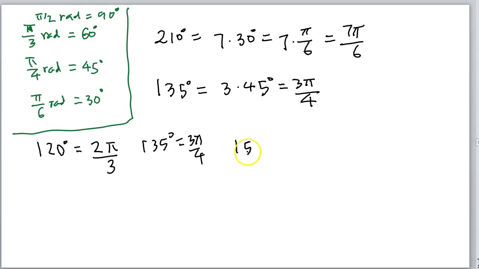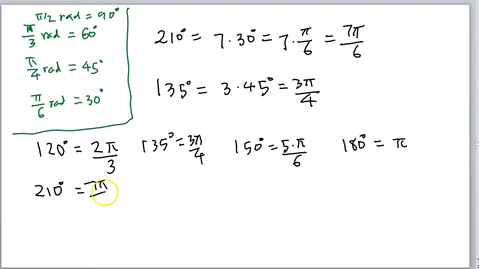The next one is 150 degrees, which is 5 times 30 degrees, and 30 degrees is 180 divided by 6. Okay. And then the next is 180 degrees. I told you to memorize this. This is pi radians, the most important one. 210 degrees, we did that over there. It's 7 pi over 6. 225 degrees, that's 5 times pi over 4. 240 degrees, that's 4 times 60 degrees, right?